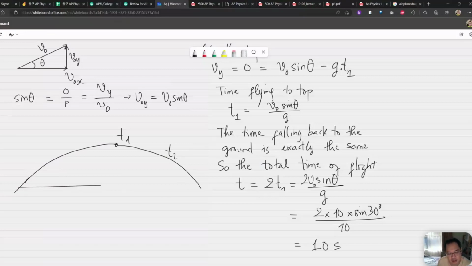So you add another T1 for falling down. One T1 equals V0 sine theta over g for going up to the top, and another T1, the same, for falling down to the ground, the initial height.